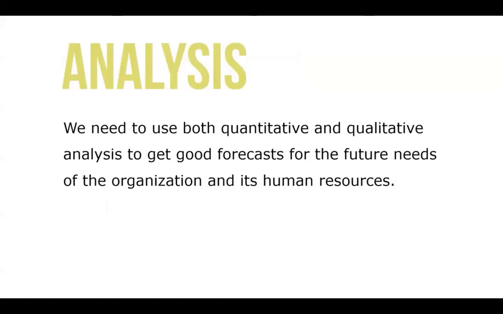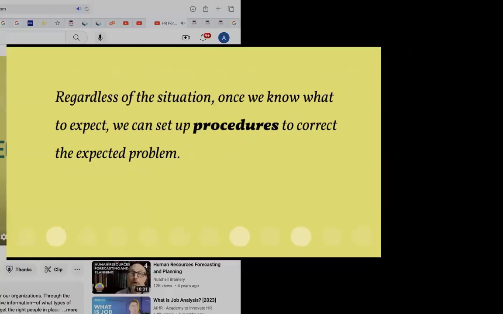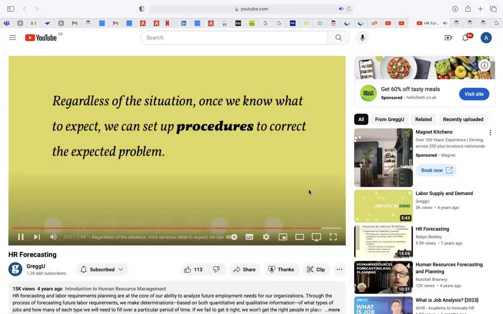We need to use both quantitative and qualitative analysis to get good forecasts for future needs of the organization and its human resources. Regardless of the situation, once we know what to expect, we can set up procedures to correct the expected problem.